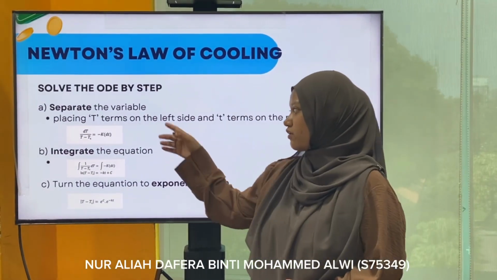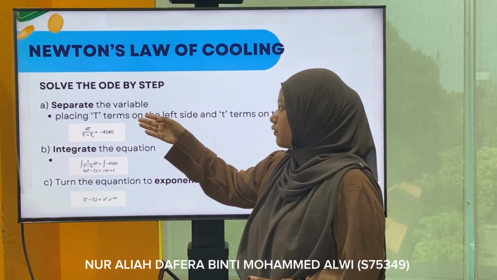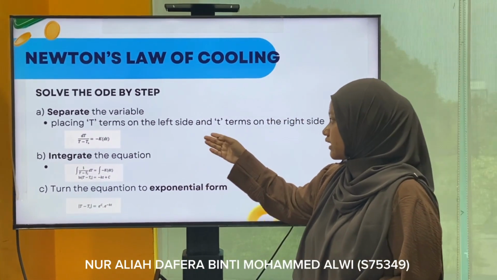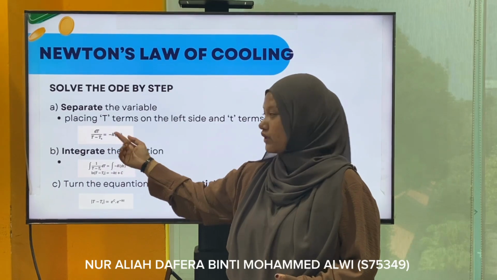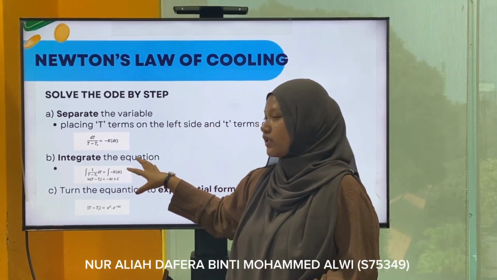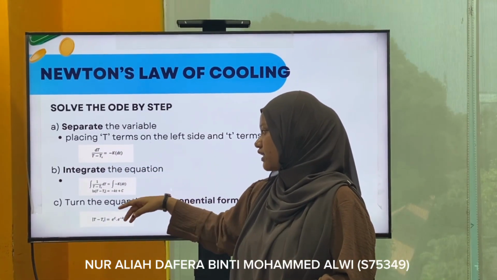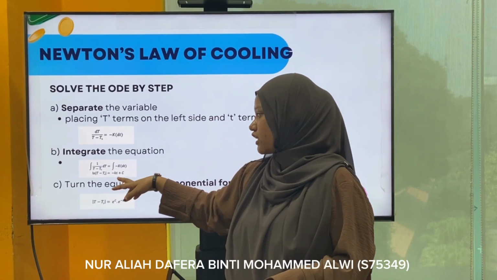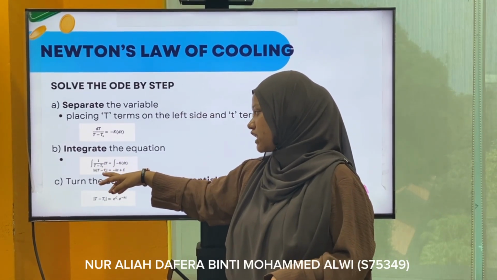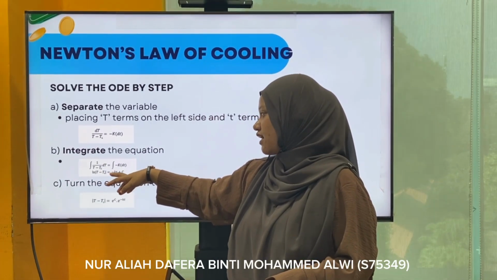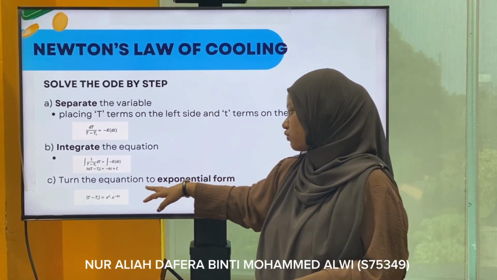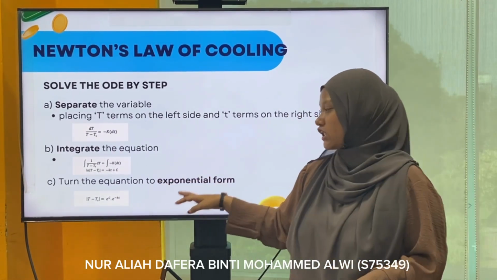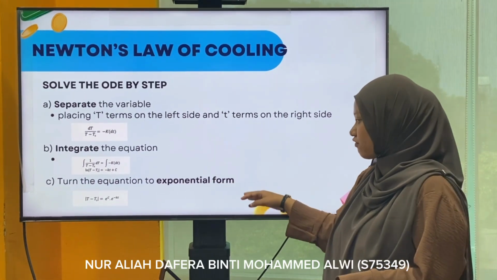So now we are going to solve the ODE step by step. Firstly, we separate the variables, placing T terms on the left side and t terms on the right side. We get this equation, and we integrate both sides. We get ln(T − Ts) equals −kt + C. Then we turn the equation to exponential form.